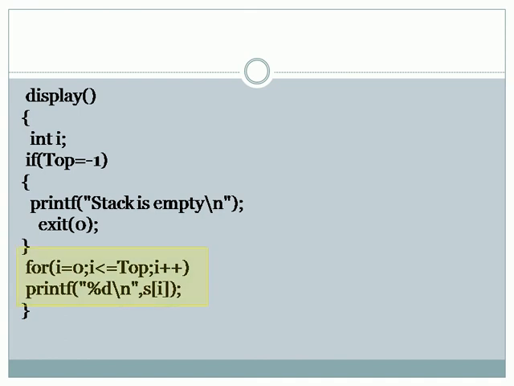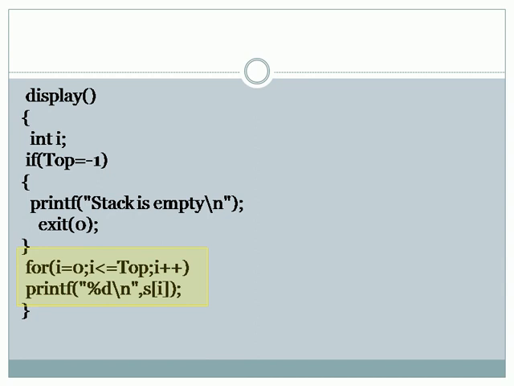Now we'll see how these 4 elements are displayed from the stack. The initial value of i is 0, 0 is less than 3, so the condition is true, I enter the body of the loop which contains printf %d, s of i. The i value is 0 here, s of 0 is 10. 10 is displayed on the screen.